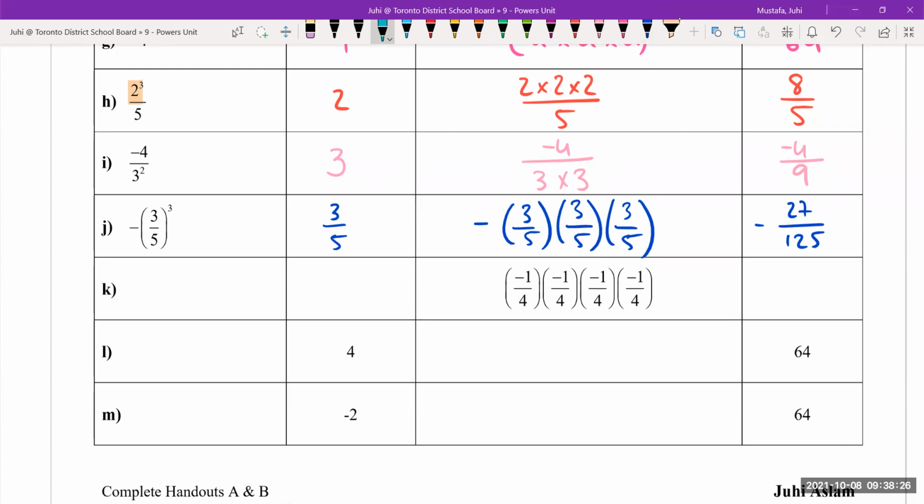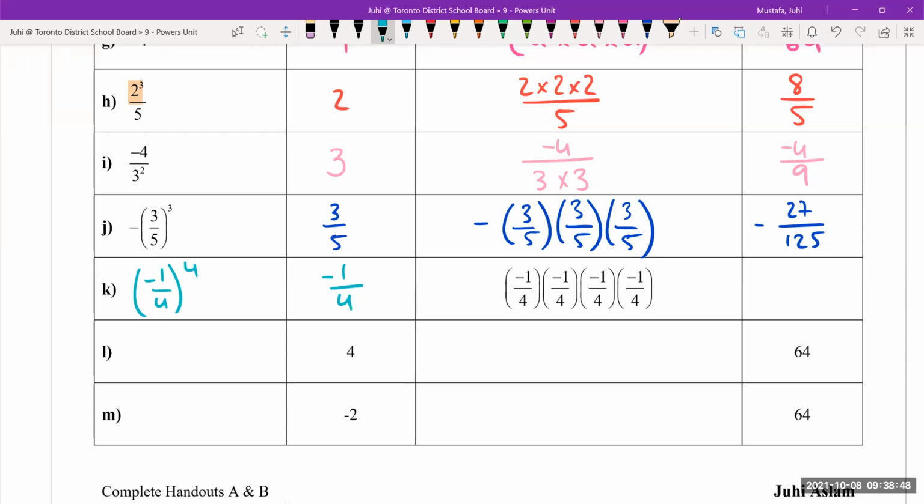Javin, so if I look at this, what's my base in this question? Yeah, and then if I were to write it in exponential form, what would it be? Excellent. And then do you know what the answer would be?